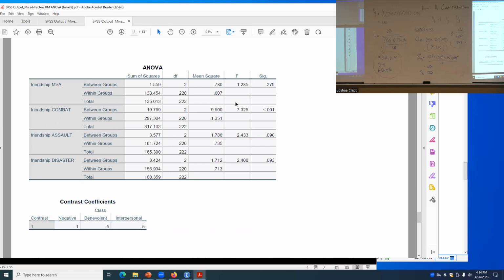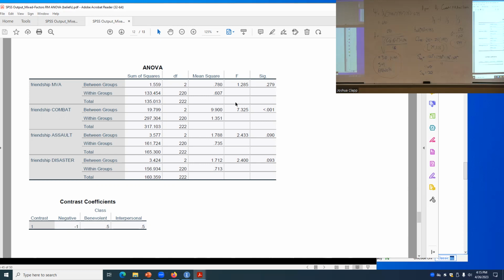Nope, no differences there, right? So I don't need to worry about anything. SPSS is going to give me stuff, but I don't have to worry about it because I ran that ANOVA and I'm not seeing group level differences there. For combat, yep, I am. Assault, nope. Friendship or disaster, nope.